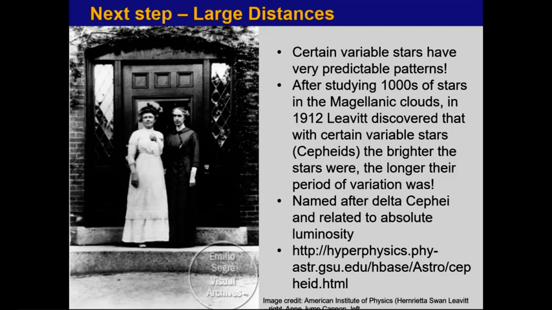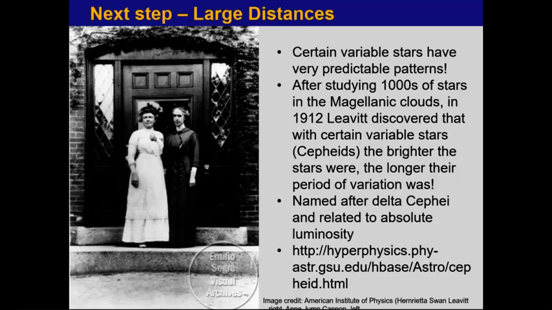And so Henrietta Leavitt, who is the woman standing here on the right in the dark dress, after studying thousands of stars in the Magellanic Cloud, discovered that many, many of these stars were variable stars.